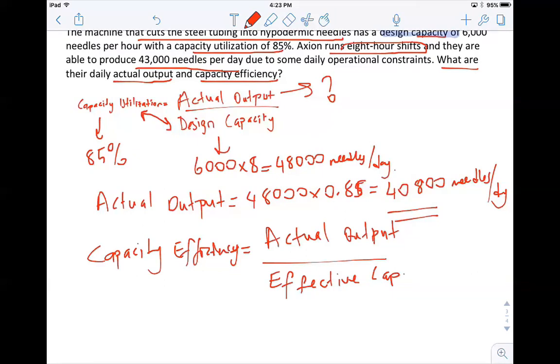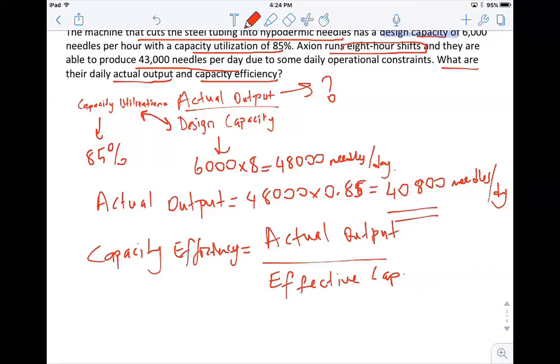That could be people reporting to work sick, machines breaking down, or maintenance of certain equipment. Due to those reasons, you go below the design capacity, and that will be the effective capacity. One way of calculating effective capacity is dividing actual output by capacity efficiency.